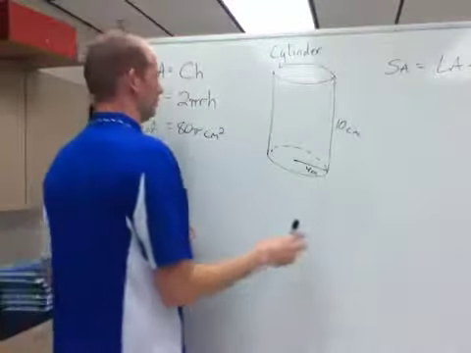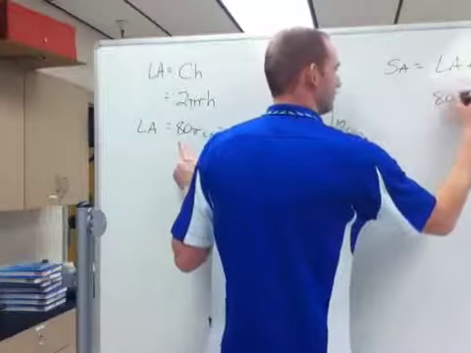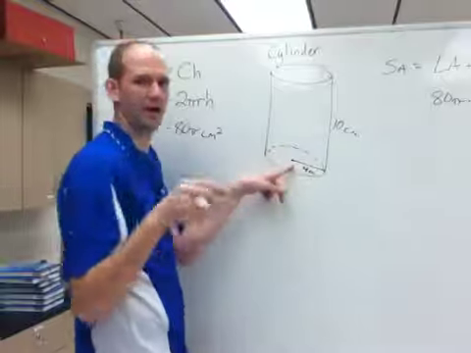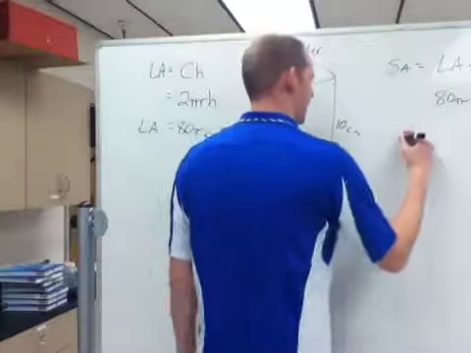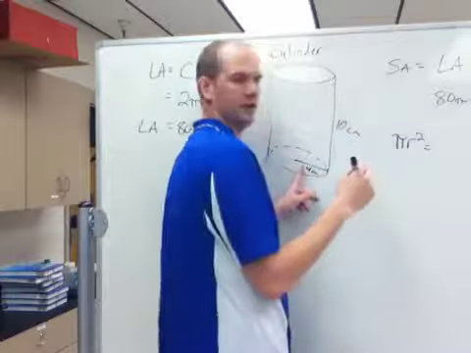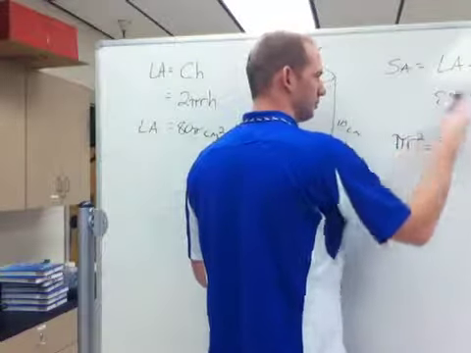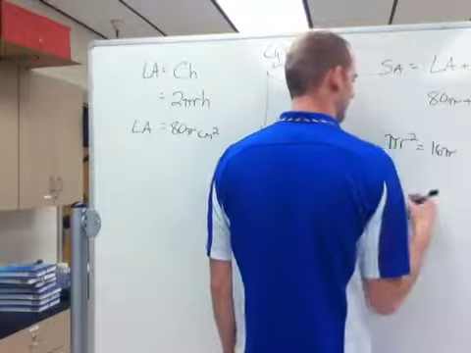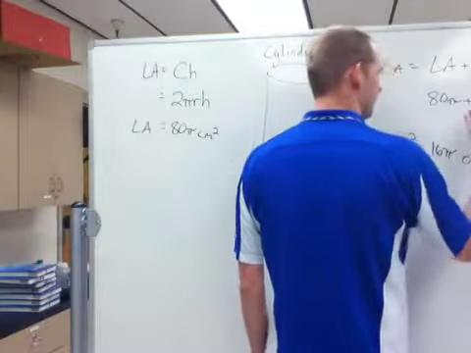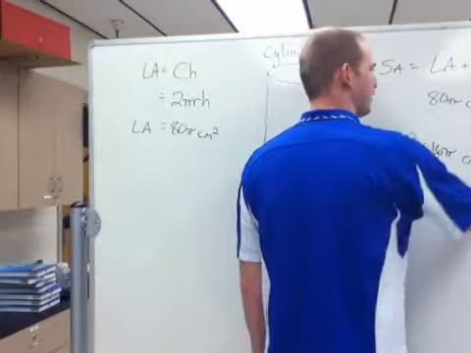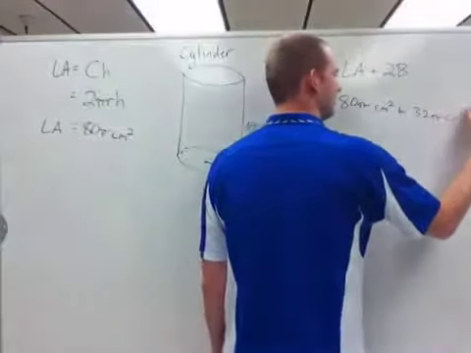So I have to do lateral area, which I already have. So I'm just going to leave that there. Then to find the area of the base, I do pi r squared, which is 16 pi, but I have to do it twice, remember. So I have 16 pi centimeters squared, but I have to double that, so I have 32 pi centimeters squared.